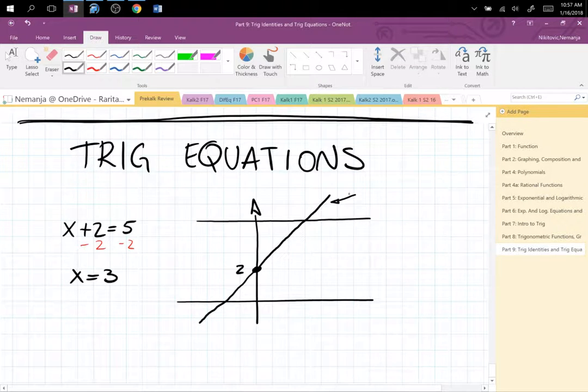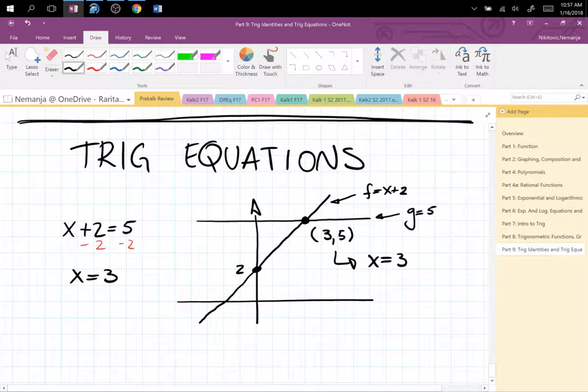So this equation is f equals x plus 2, and this equation is g equals 5. So these are the two functions. And as you can see, they intersect here at the point (3, 5). Well, from there you can clearly see that x is 3.